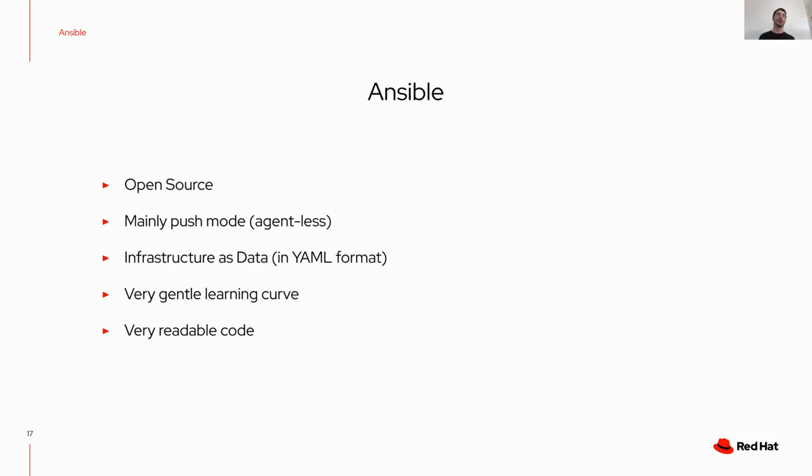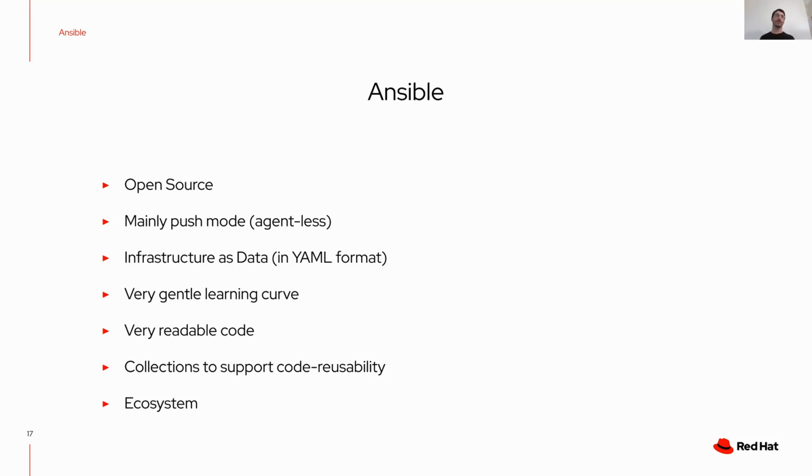Also, it has collections, which is a packaging way of shipping software. This helps you reuse code, because if you have a certain function, let's say a certain service that you want to reuse in multiple parts of your organization, you can simply package it in a collection and then reuse that collection in multiple parts of your organization.